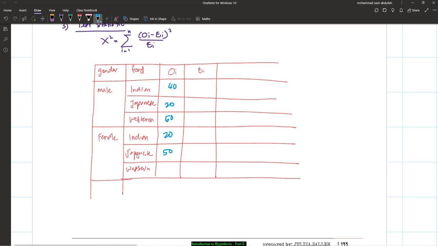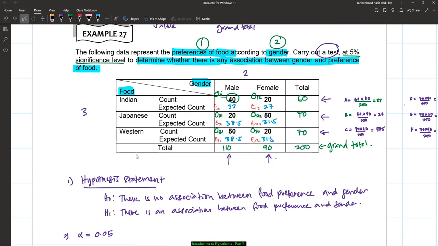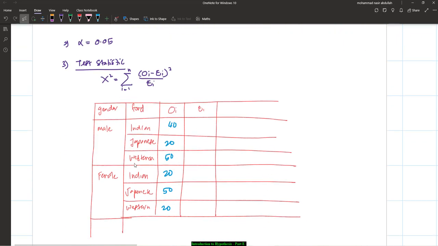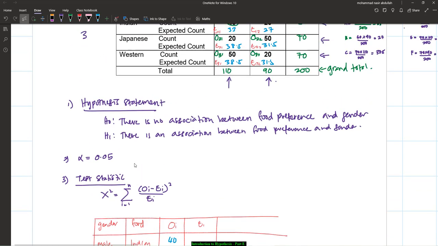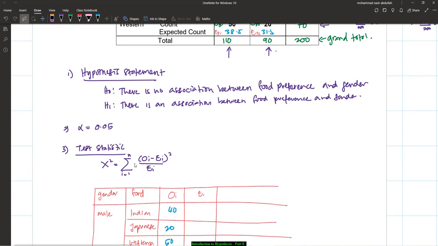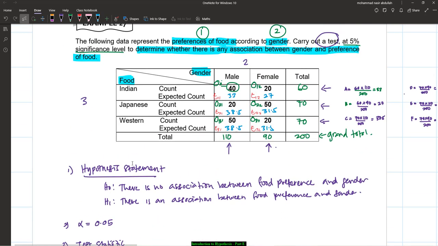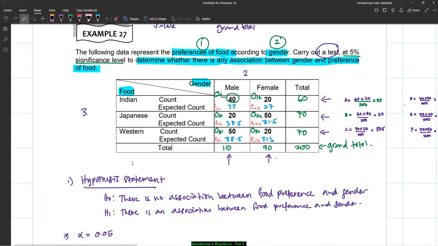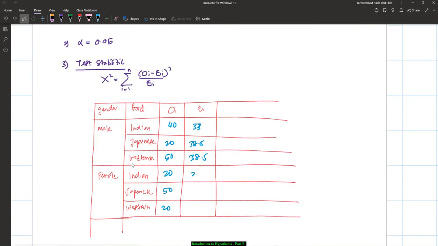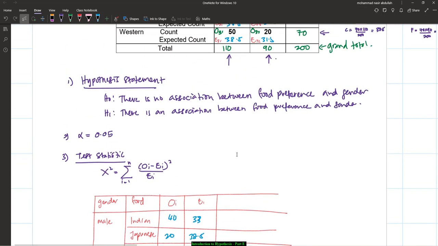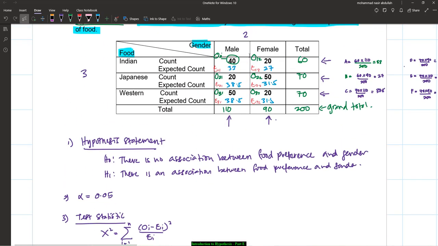So the expected value, the starting one is 33, 38.5, 38.5. For female is 27, 31.5, 31.5. So this is the value I copied back from the original table.